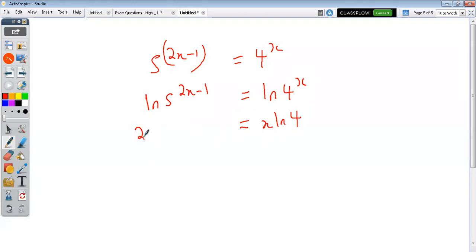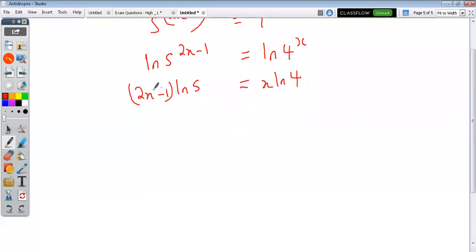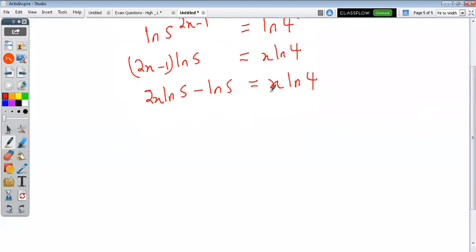This is the same as (2x minus 1) ln 5. Then we simplify the brackets here by multiplying everything. So this becomes 2x ln 5 minus ln 5 being equal to x ln 4. Then I take everything involving x on one side: 2x ln 5 minus x ln 4 is equal to, taking the other on the other side, ln 5.